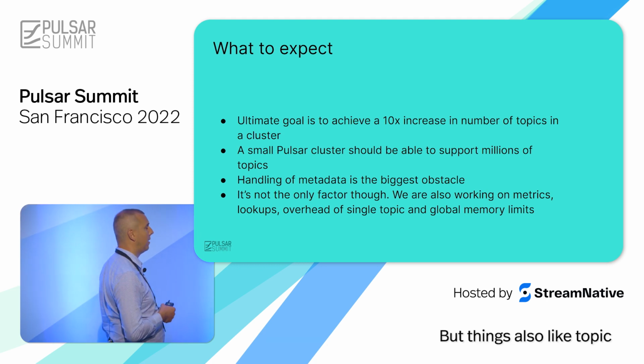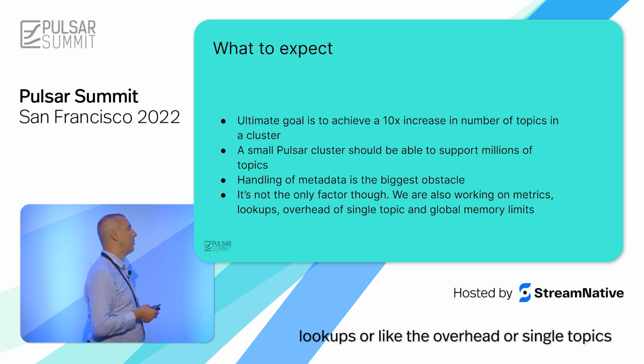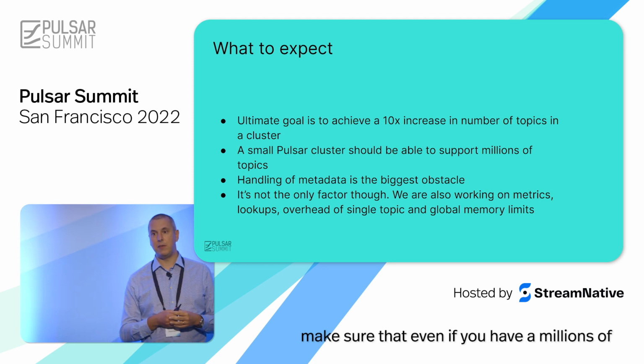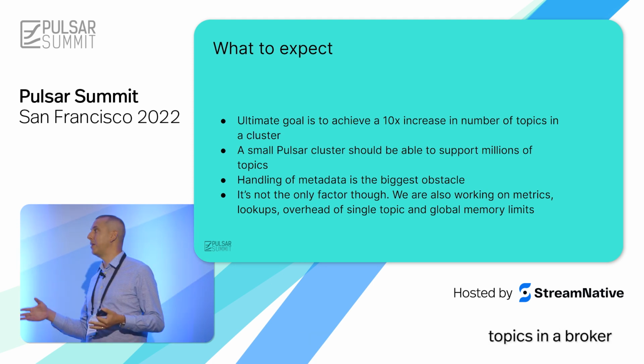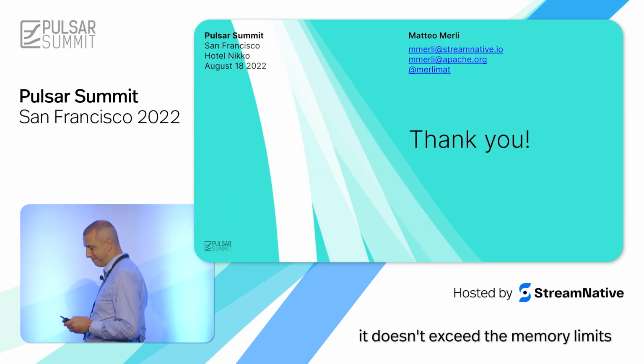But also topic lookups, the overhead of a single topic, or having global memory limits in the broker to make sure that even if you have a million topics in a broker, it doesn't exceed the memory limits.